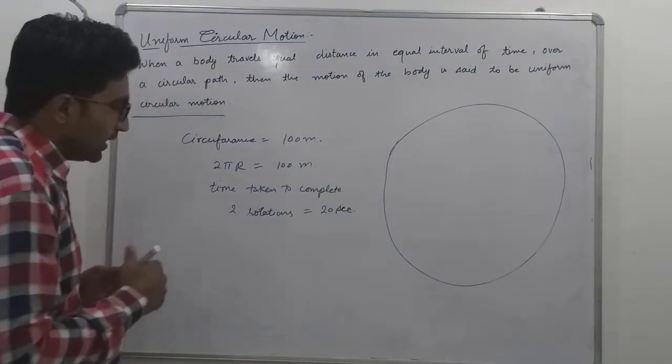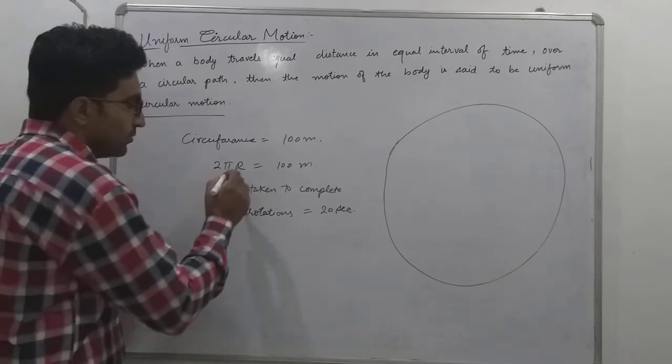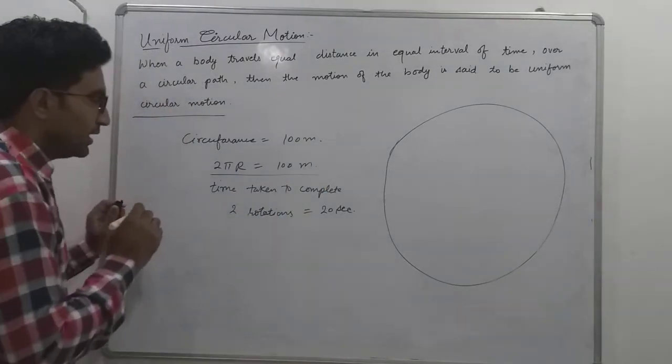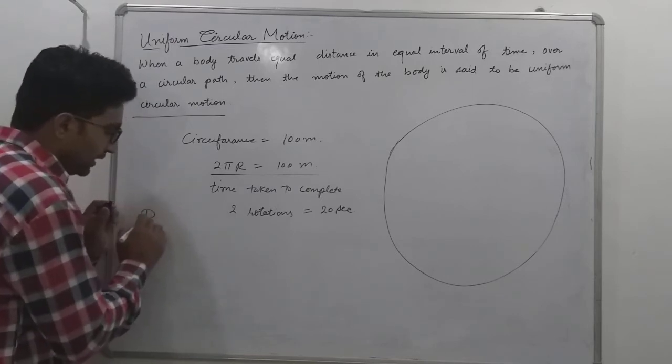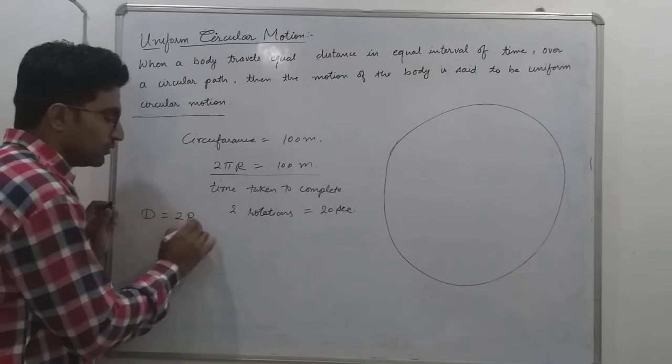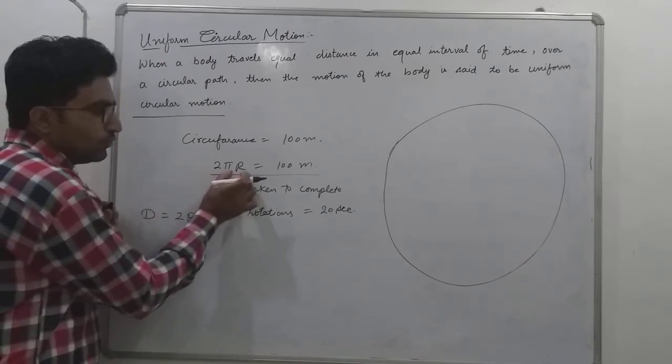So first we can find the diameter. Here we have 2 pi r equal to 100 meter. We know that the diameter of the circular boundary is equal to 2 times the radius. So we can find the value of 2r from there.